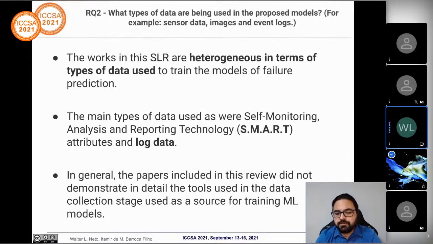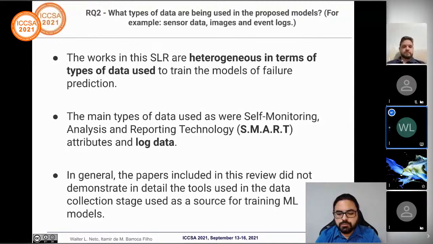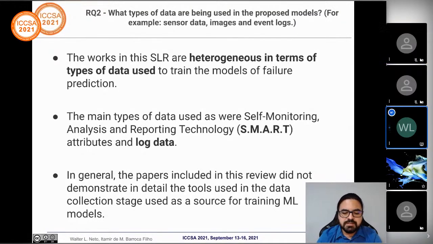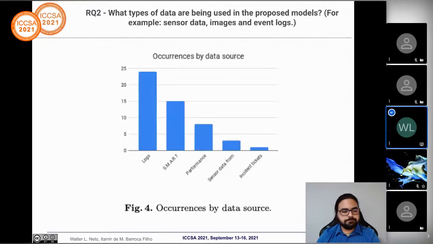The main types of data used were SMART data from hard disk drives, for example, and log data. In general, the papers included in this review did not demonstrate in detail the tools used to collect and store the data source for the training.